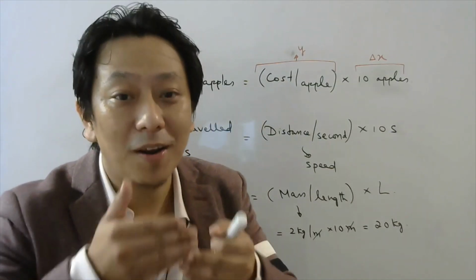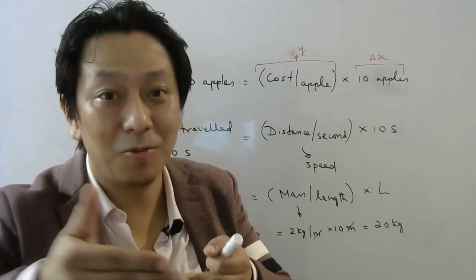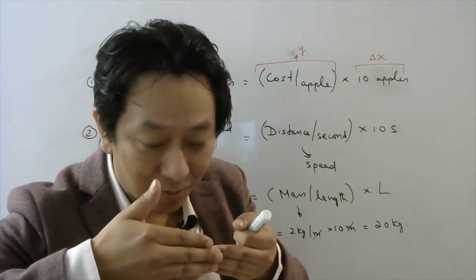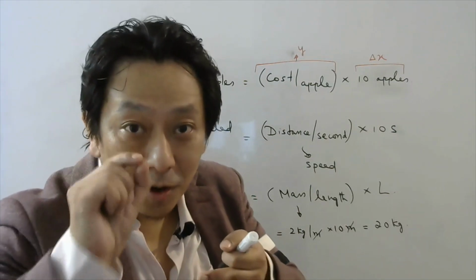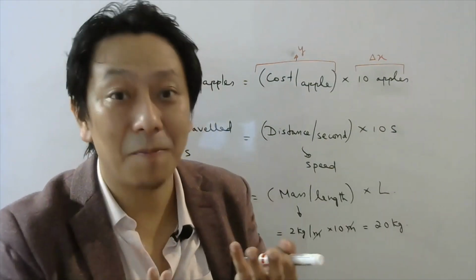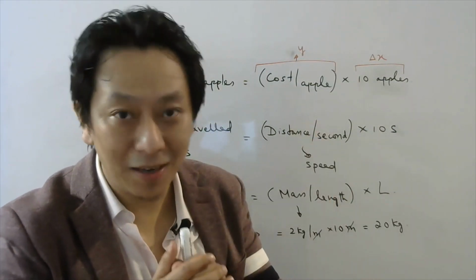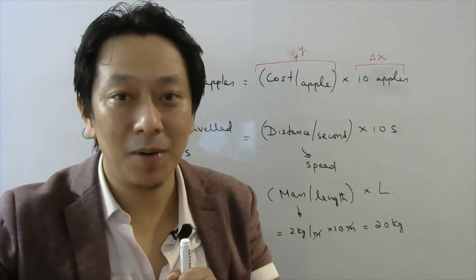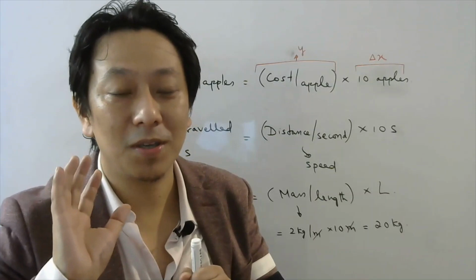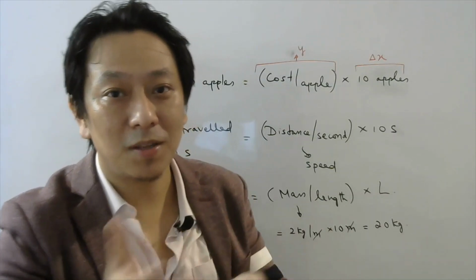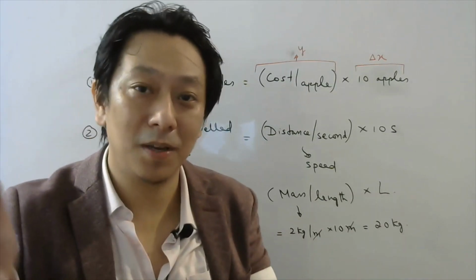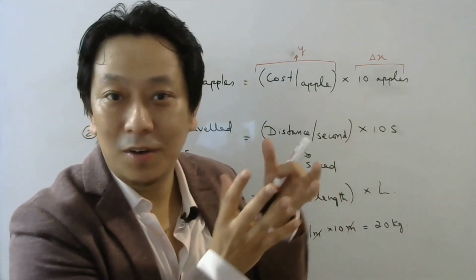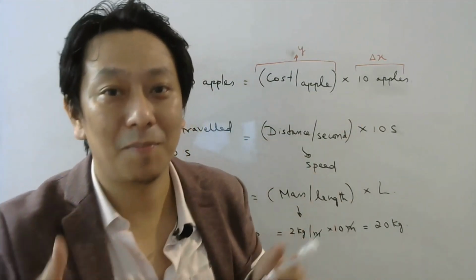As I cover these 10 apples, changing from apple to apple, the cost of each apple must be the same. Then only we can multiply, right? So if the cost of one apple is 5 rupees for all the 10 apples, then the answer is 50 rupees. But if one apple is 5 rupees, another apple is 9 rupees, another apple is 15 rupees, then we cannot multiply the cost of one apple with all the 10 apples, isn't it?